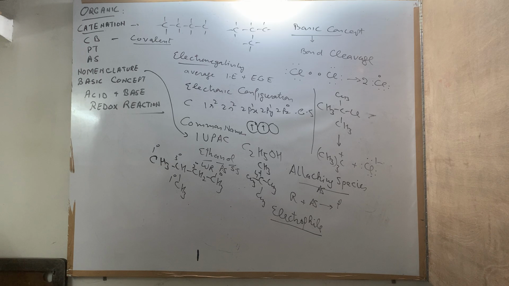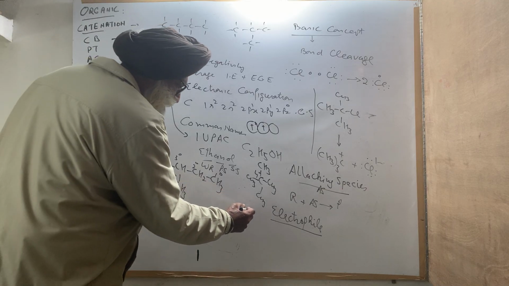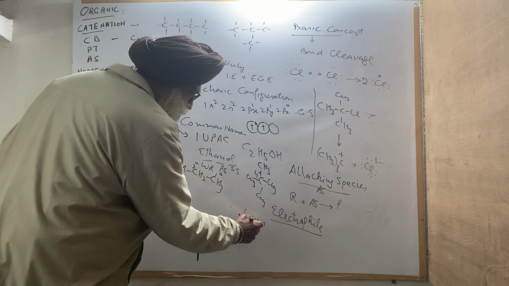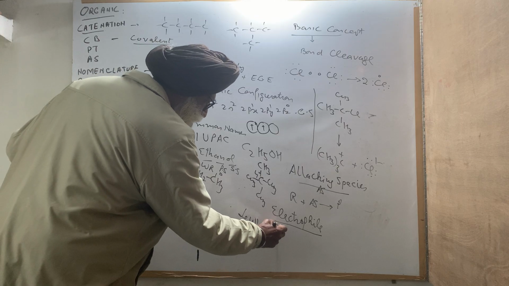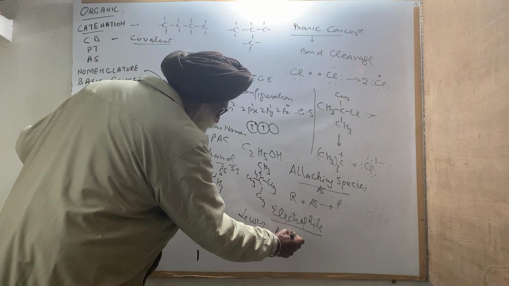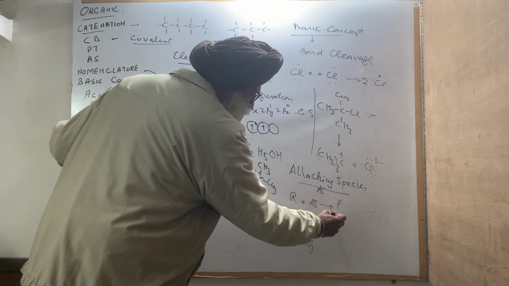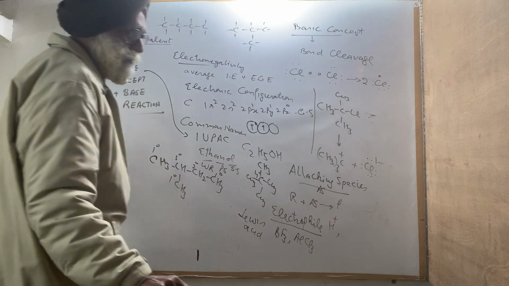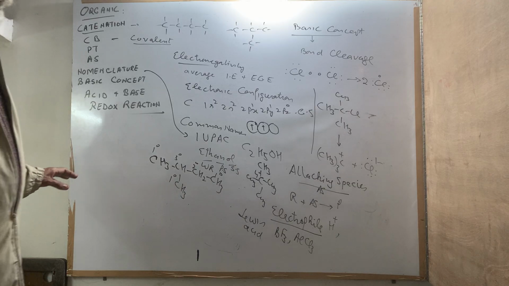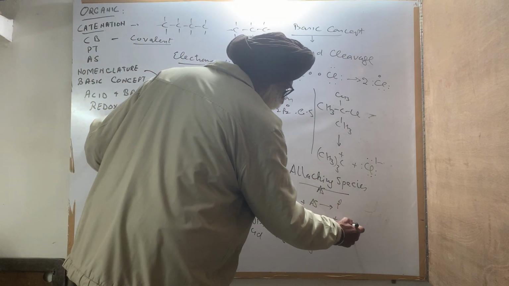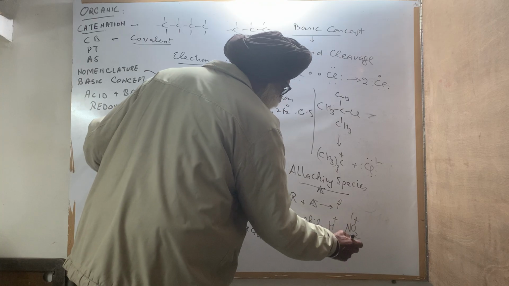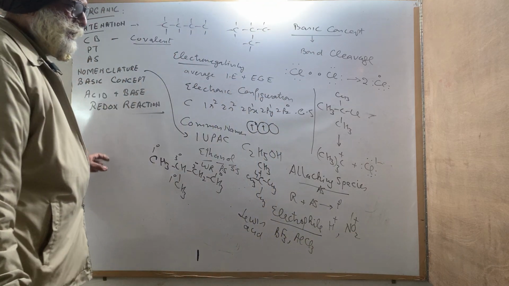It is electron seeking, electron loving. This comes from acid and base; here it is Lewis acid. You are having BF3, aluminium chloride, this H positive ion, then you are having nitronium ion. So all these are electrophiles.